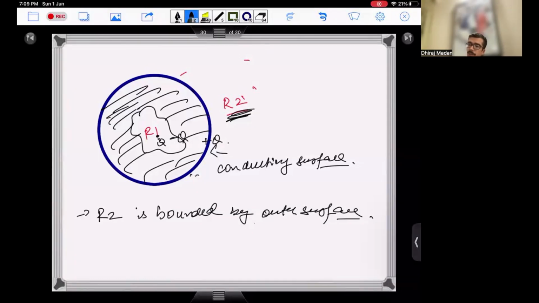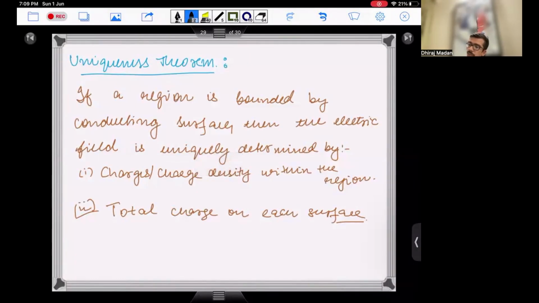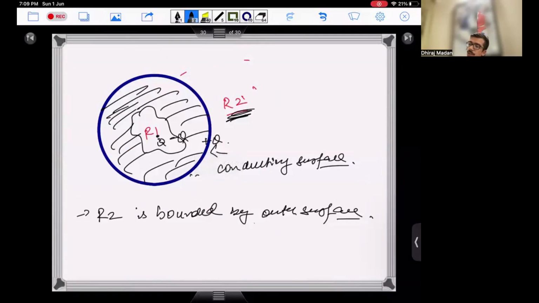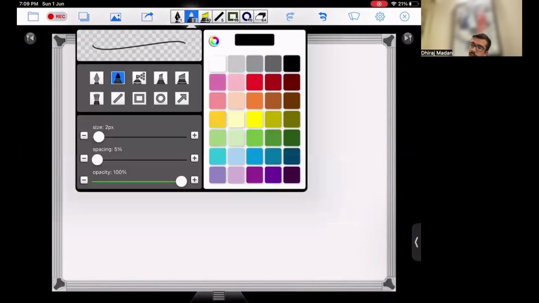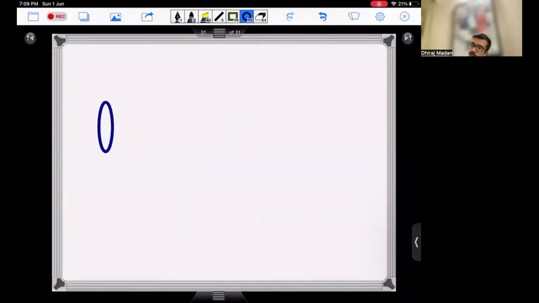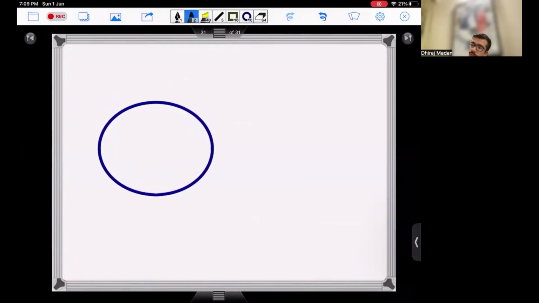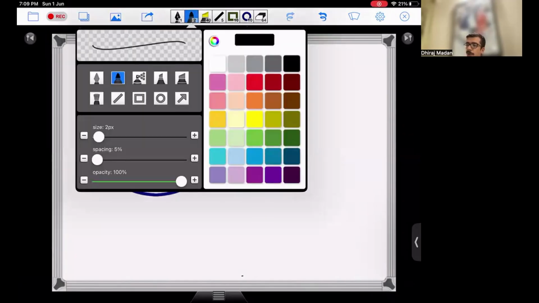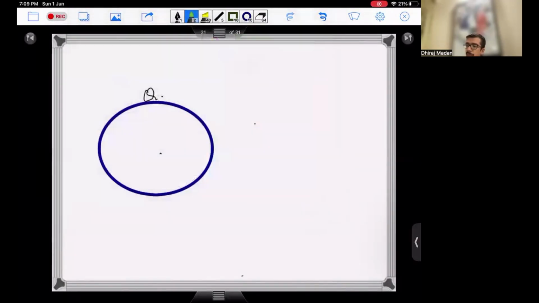So what this uniqueness theorem says is that I need to know the charge density within the region, okay, and the total charge on each surface which bounds the region. So if we look at this R2, there are no charges in R2, and this particular surface has a net charge of Q. For the purposes of computing the electric field inside R2, I can just plainly ignore whatever is inside.